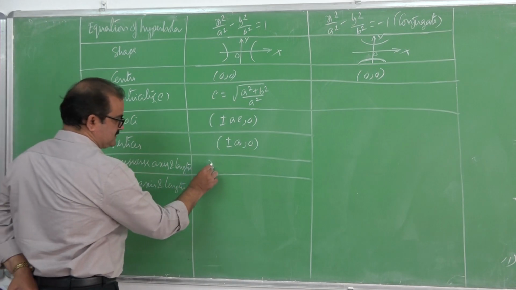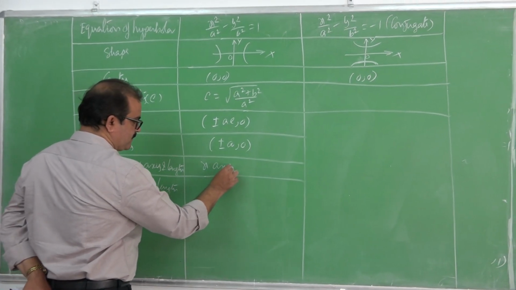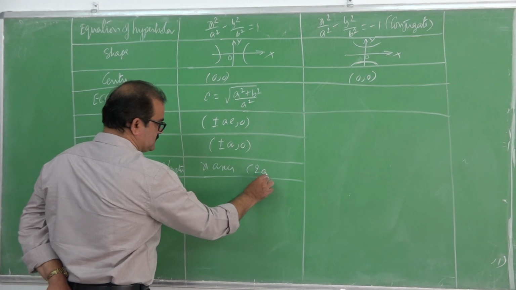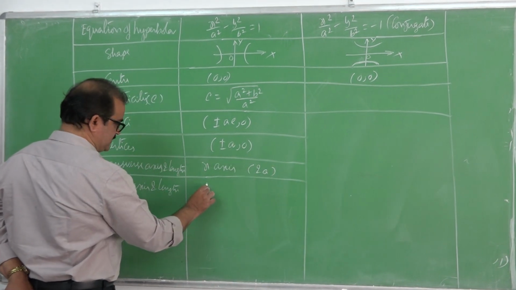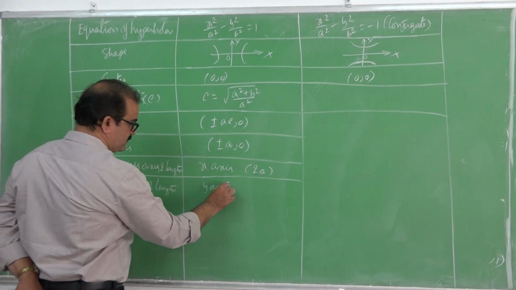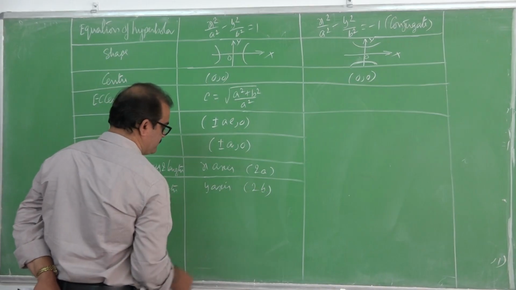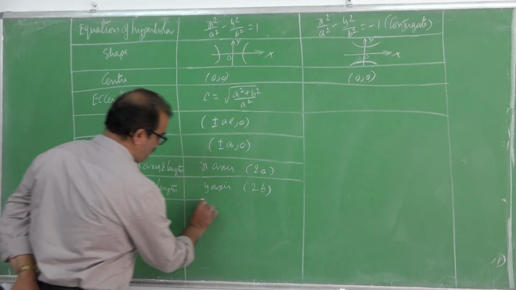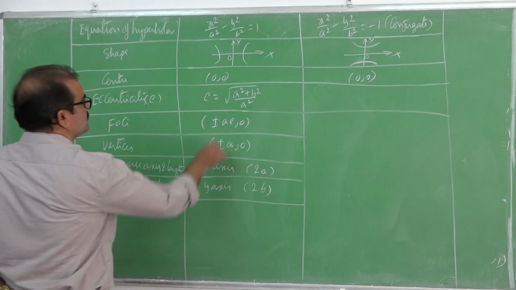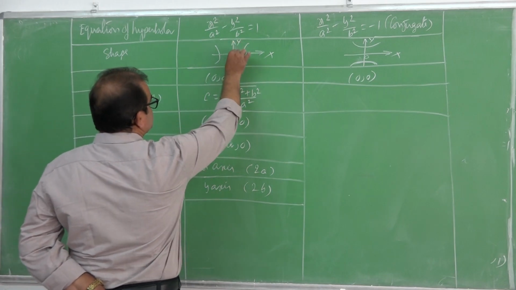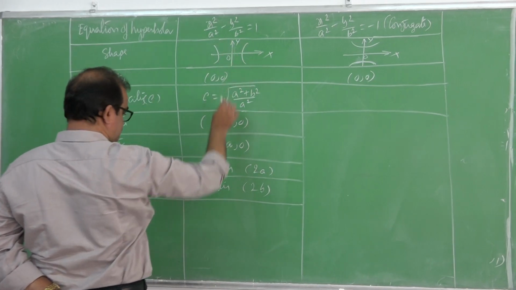Here transverse axis is x-axis. Its length is 2a. Here conjugate axis is y-axis. Its length is 2b. This is called transverse axis. This is called conjugate axis.